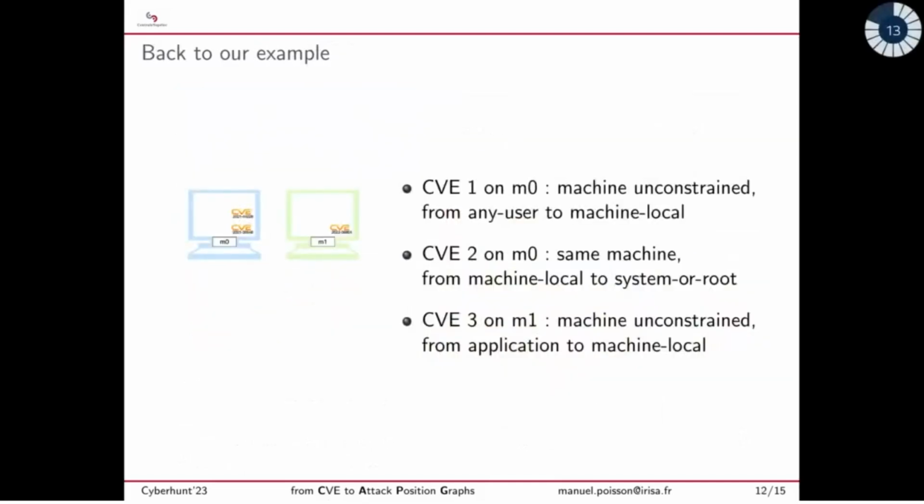So in our example, we had two machines, vulnerable to two CVEs each. The first CVE is located on M0, the first machine, the blue one here. It can be exploited with no constraint between source and destination machine. Any user can exploit it. The second CVE is also on M0, but it can only be exploited if you already have access to the machine.